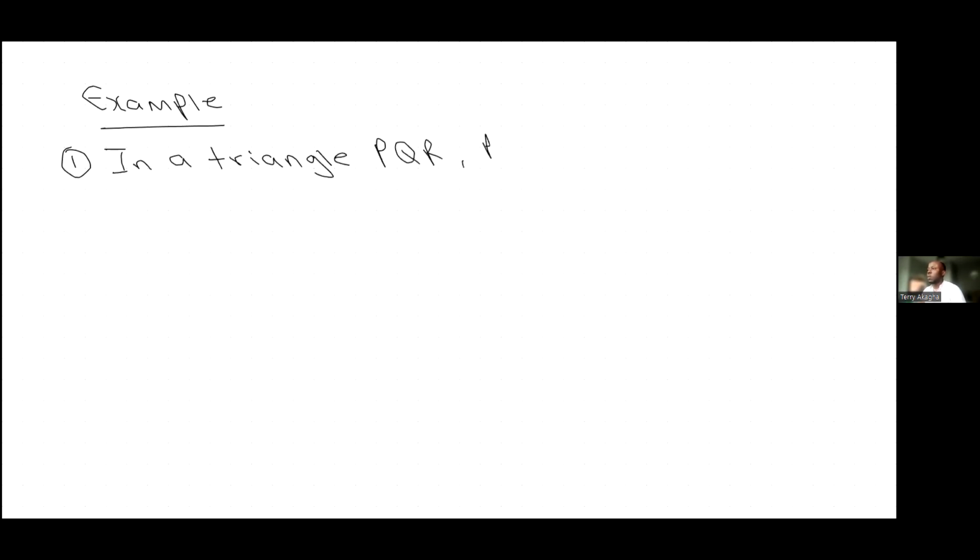We have an example here, and we're told that in a triangle PQR, P is equal to 5 centimeters, R is equal to 7.2 centimeters, and angle P is equal to 37 degrees.